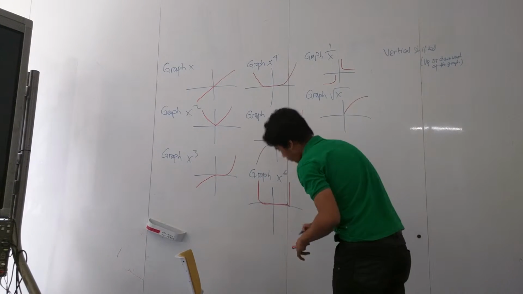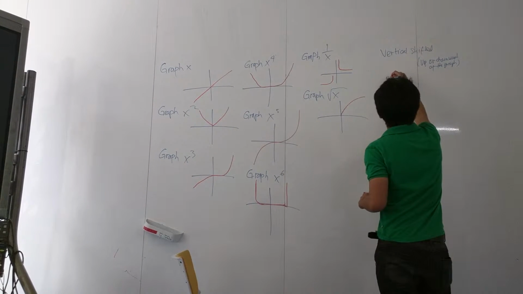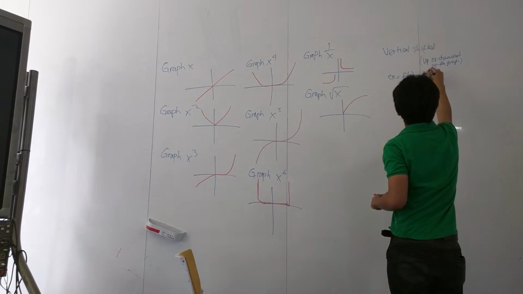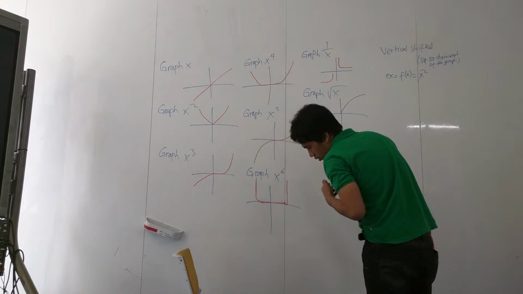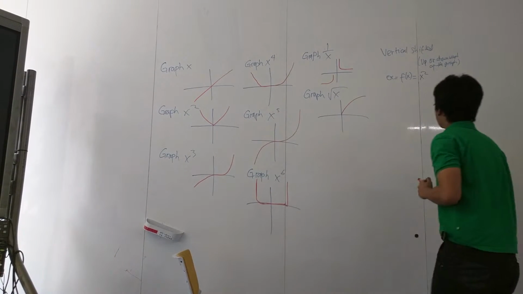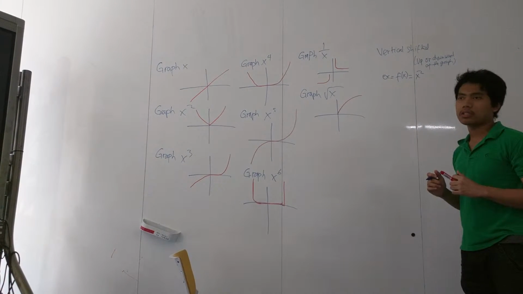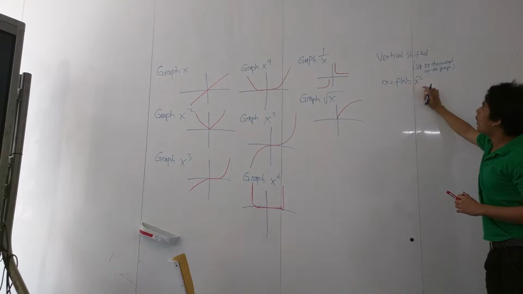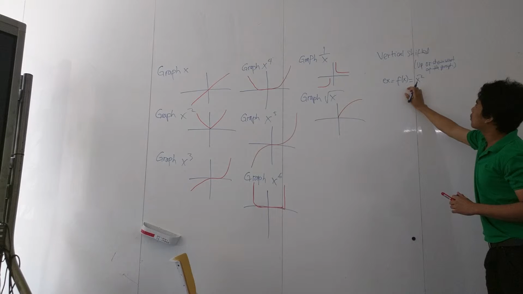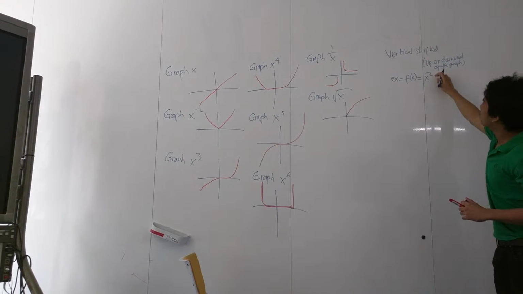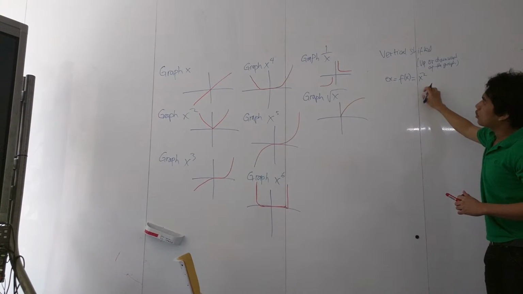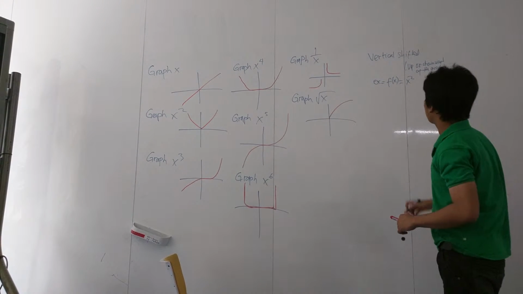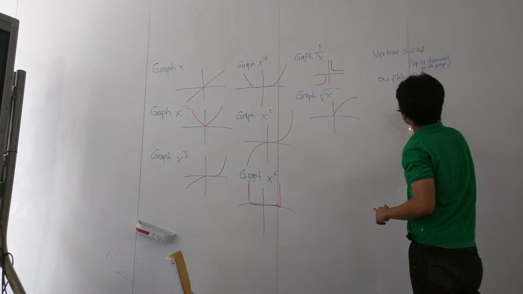For example, we're using f(x) equals x squared. So first we take a look at the equation, f(x) equals x squared. We can use the graph of x squared. So it must be like this.